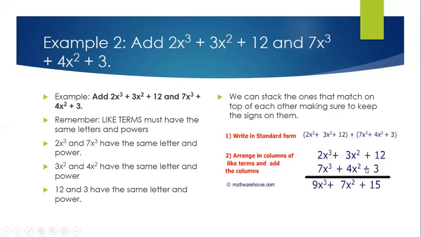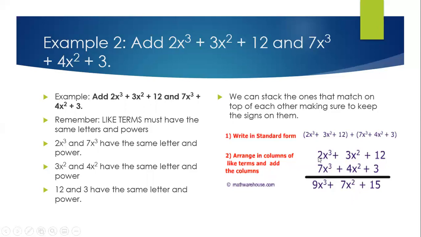Then we have 3x squared and 4x squared, and so these line up. And then we have a 12 that's a number by itself and a 3 by itself, which means these will also line up.